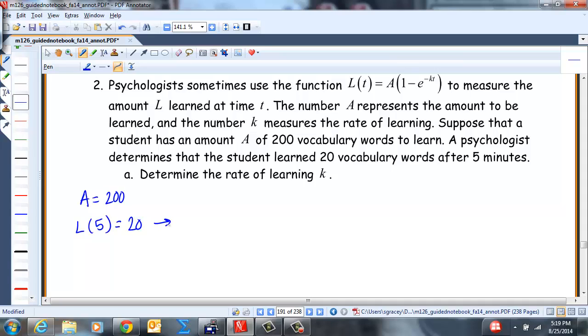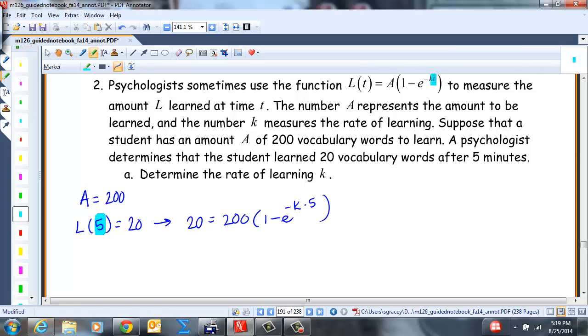That means that 20 is equal to 200 times 1 minus e to the negative k times 5. So for the t here, I put 5. And for the a, this is fixed for this problem, we put 200.